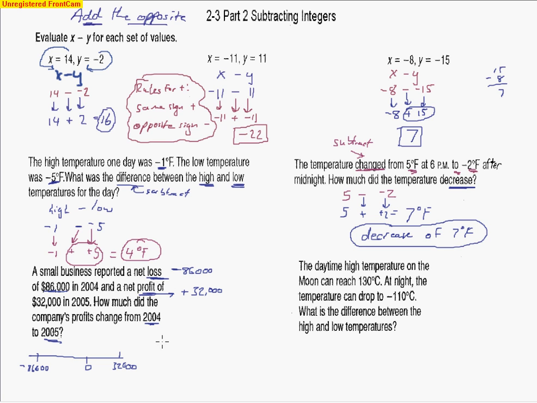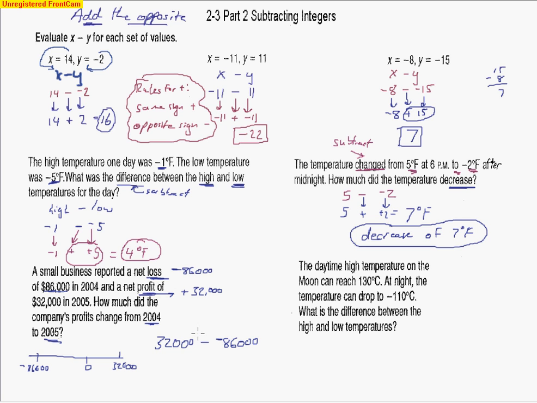This time I'm going to start at this 32,000, where it was in 2005, and I'm going to subtract the amount from 2004, the negative 86,000. If you had done it the other way, you'd come up with a number that's just a different sign, and that's okay, as long as you understand what the question's asking and use the right words with respect to the answer.